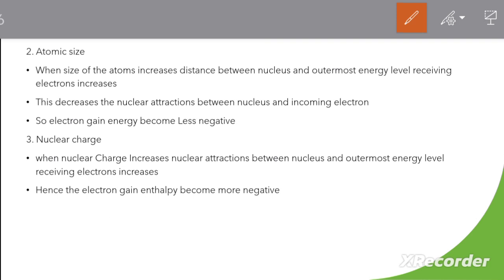So in such situations, the negativity of the electron gain energy value increases, right? When the atomic size increases, it becomes less negative. When the atomic size decreases, the electron gain energy becomes more negative.